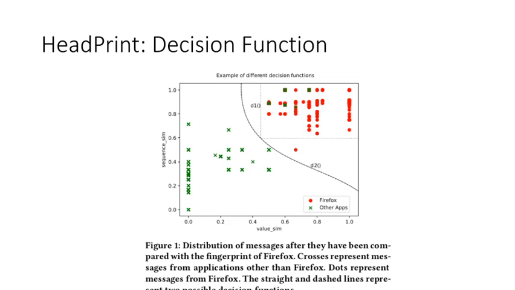You can see that when we try to match other applications with the fingerprint of Firefox, the scores, shown as green crosses, are pretty low and stay pretty much on the bottom left side of the graph, while when we are trying to match the Firefox messages, they are in the top right corner.